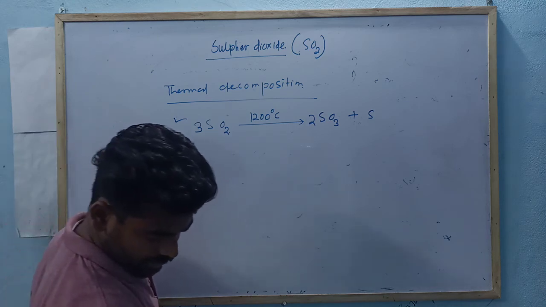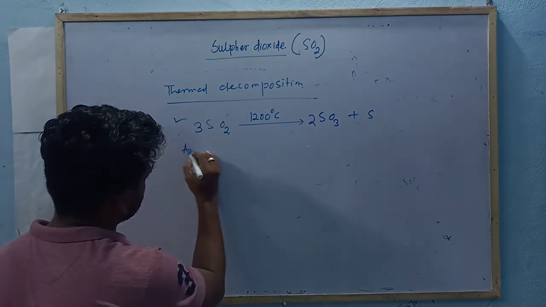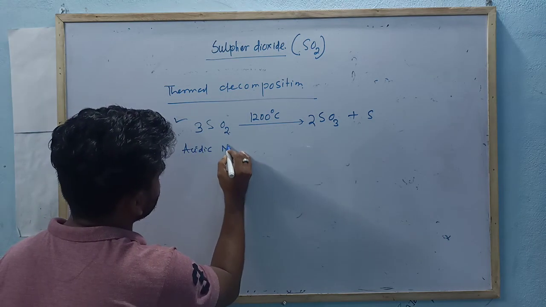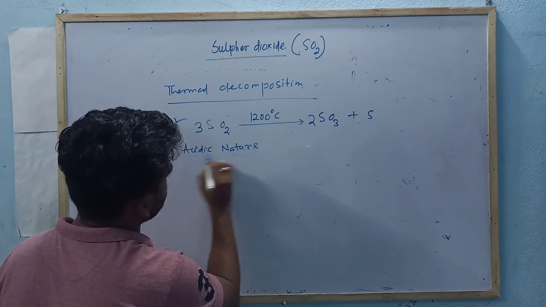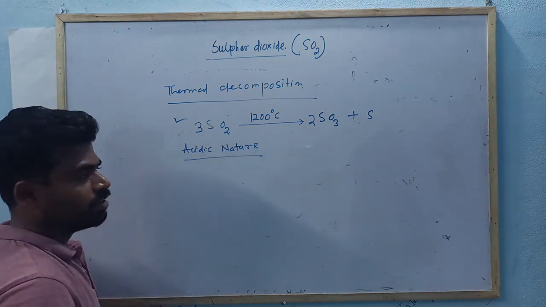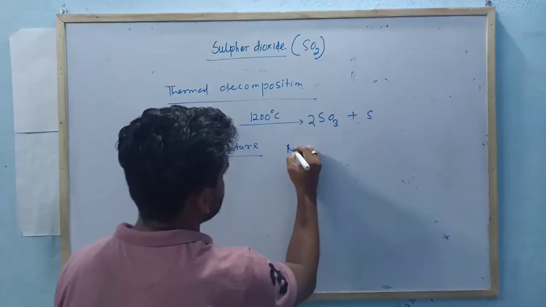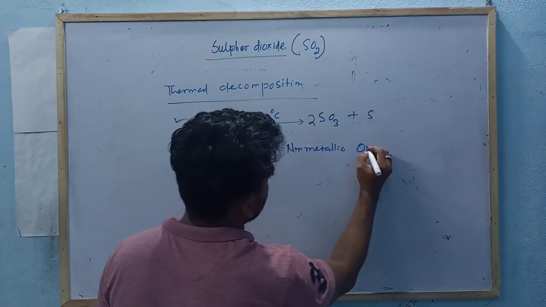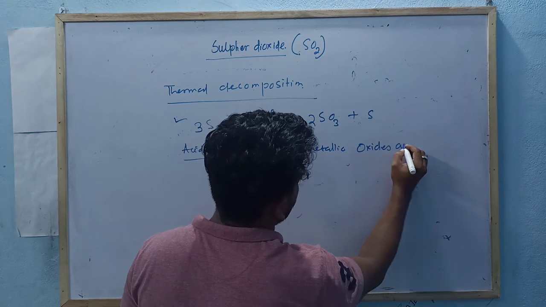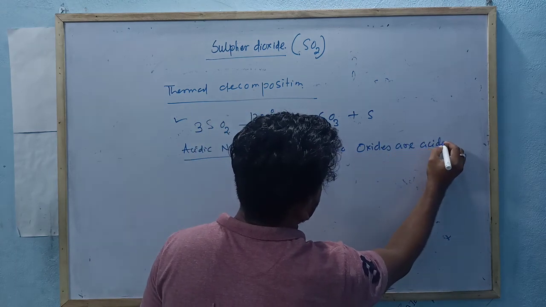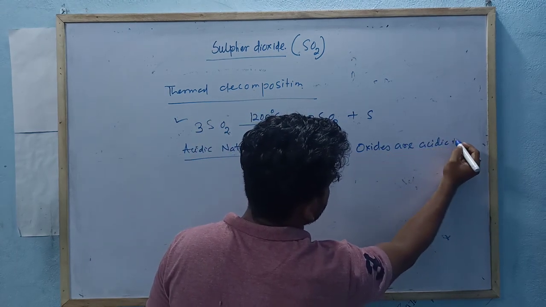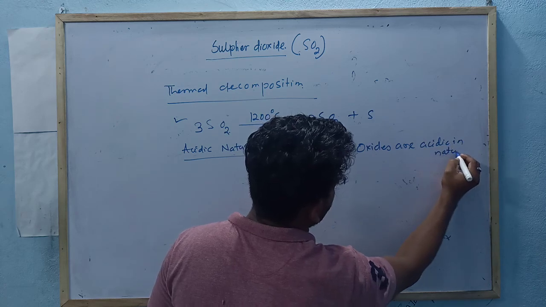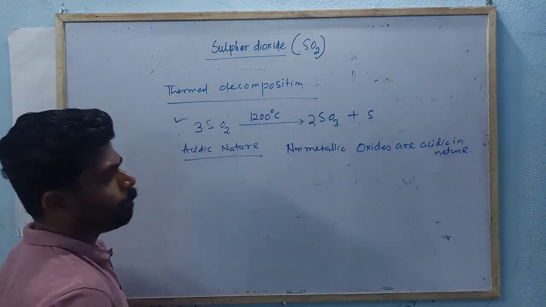Next, that is acidic nature. You know sulfur is a non-metal. So non-metallic oxides are acidic oxides, acidic in nature, and metallic oxides are basic in nature.